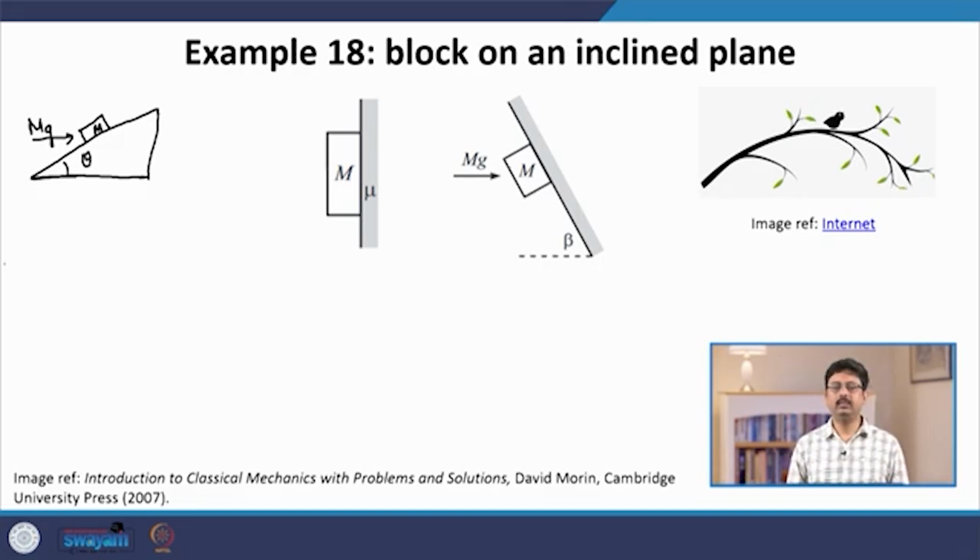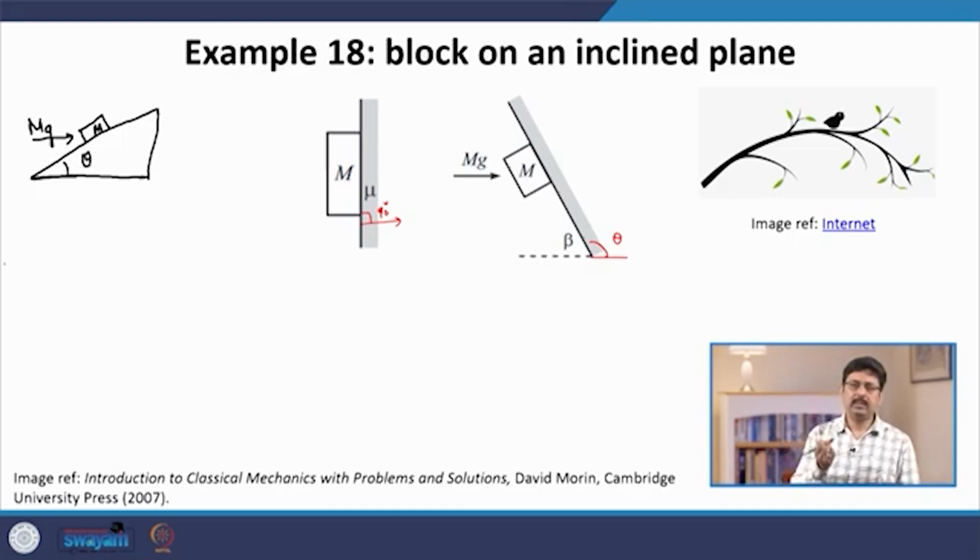But in real life, you often encounter inclined planes where theta is actually 90 degrees or even bigger than 90 degrees. For example, as shown in this figure, this angle is 90 degrees, and in this case this is theta, and this angle theta is actually greater than 90 degrees.